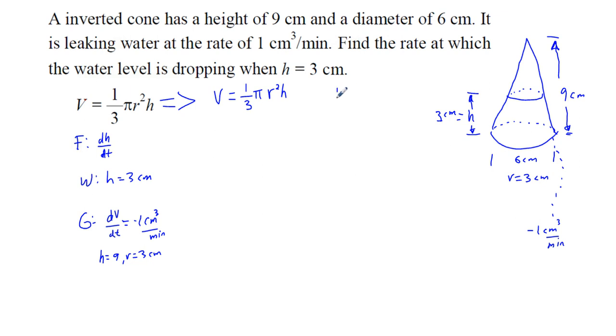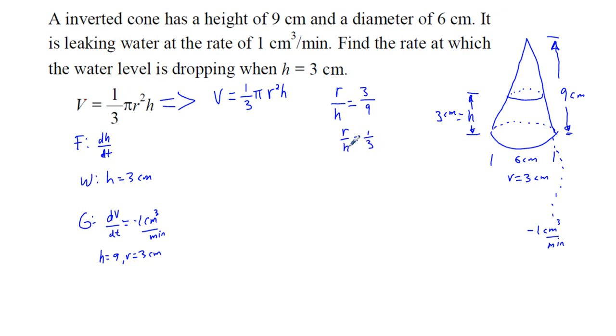And there's a relationship where our radius over our height is equal to 3 over 9. And so that's going to simplify to r over h is equal to 1/3.